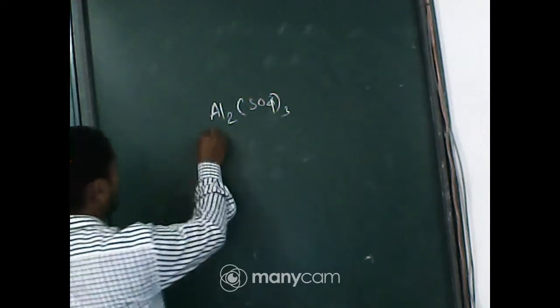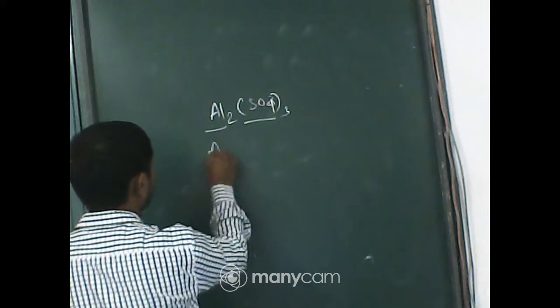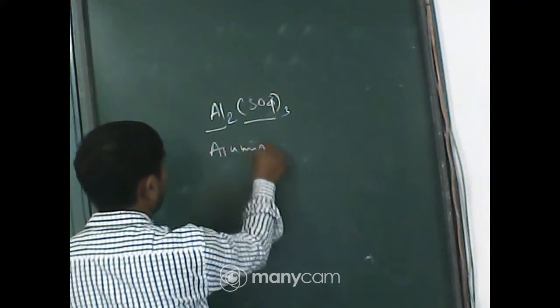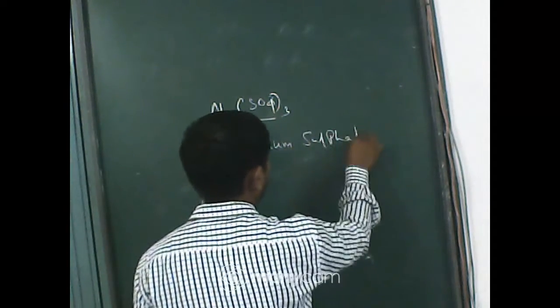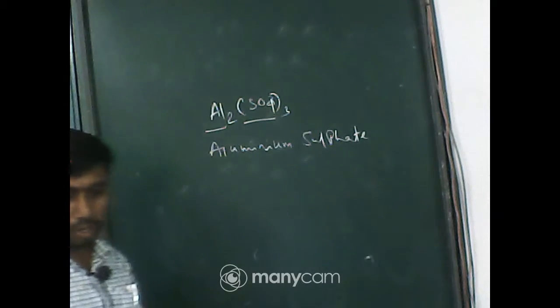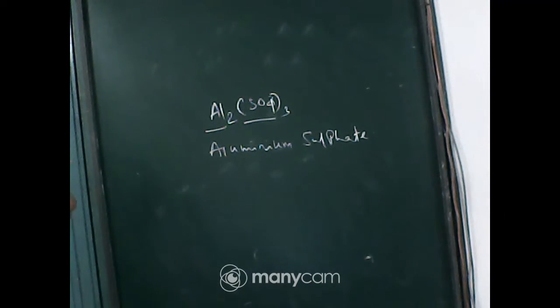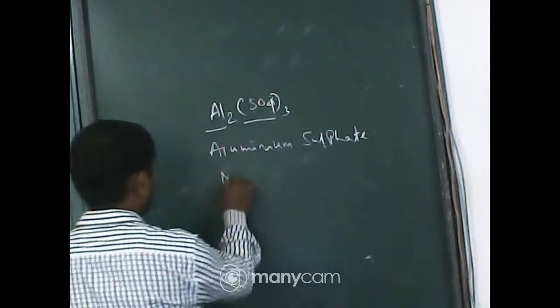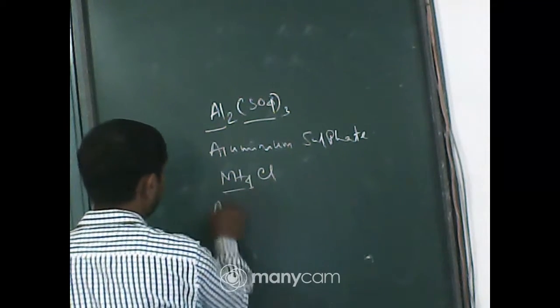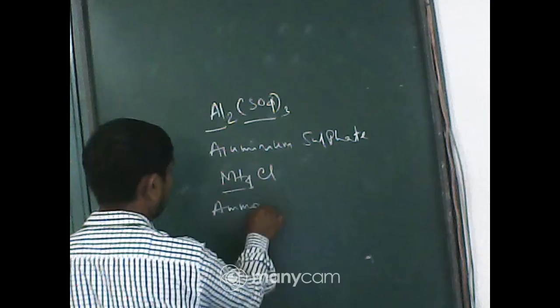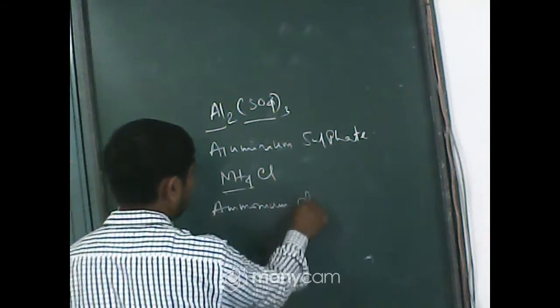This is aluminium and this is sulphate. So it would be aluminium sulphate. Okay, not sulphide, it is sulphate. NH4Cl. This is ammonium chloride.